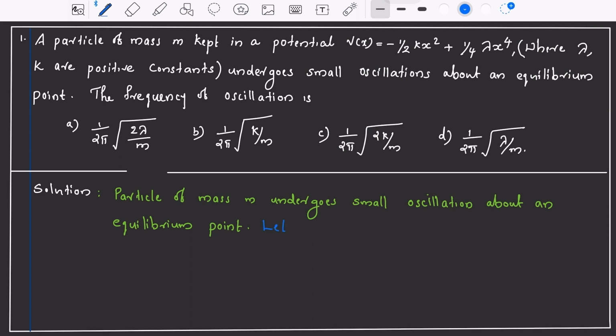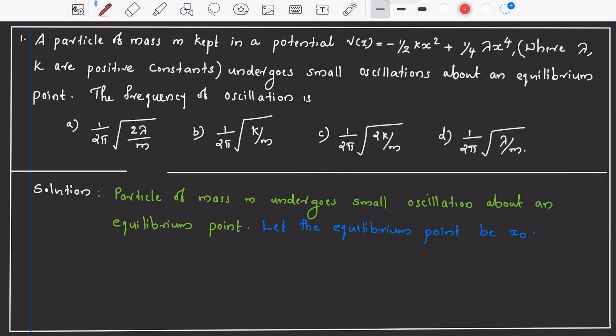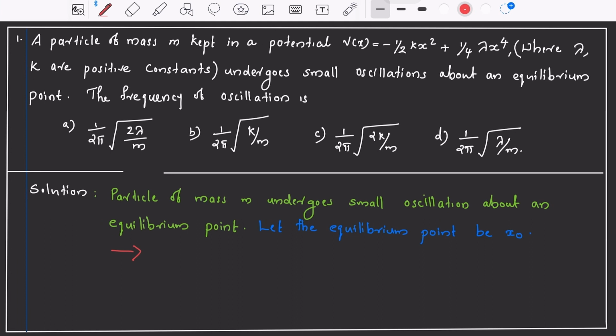Now for a particle of mass m to undergo such oscillations about an equilibrium point x naught, that equilibrium point x naught must be a stable equilibrium point.